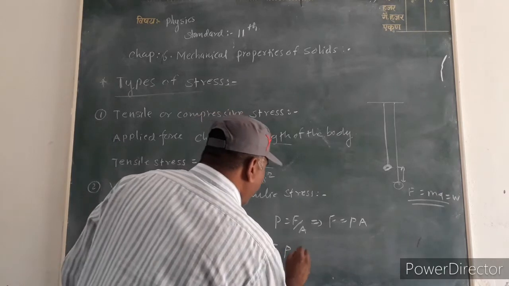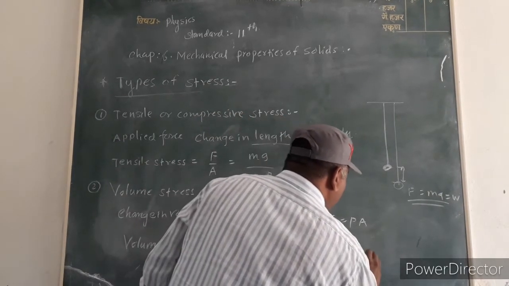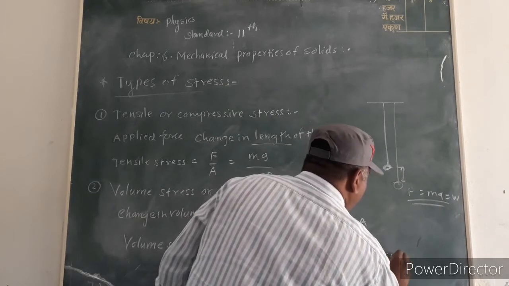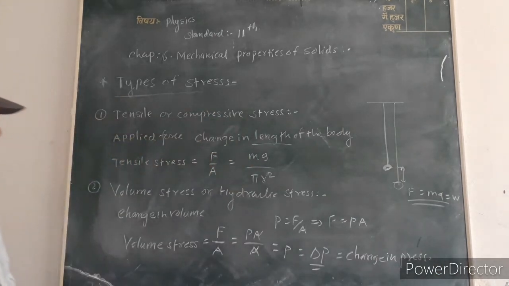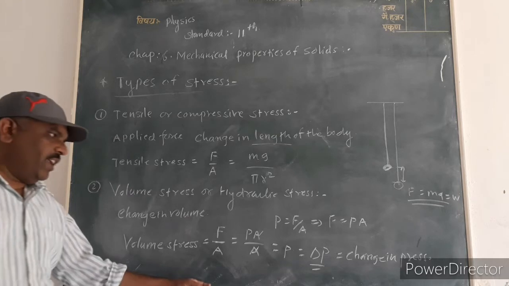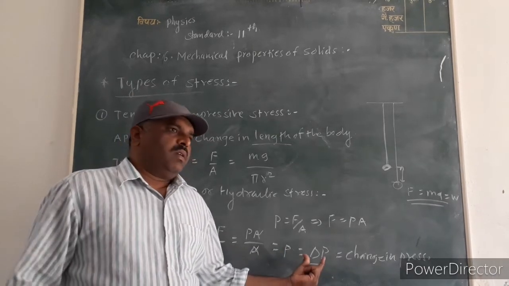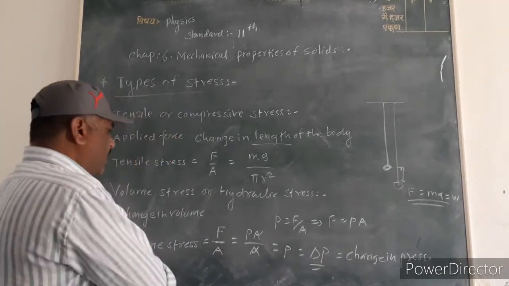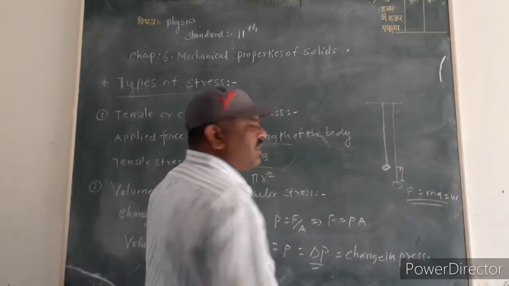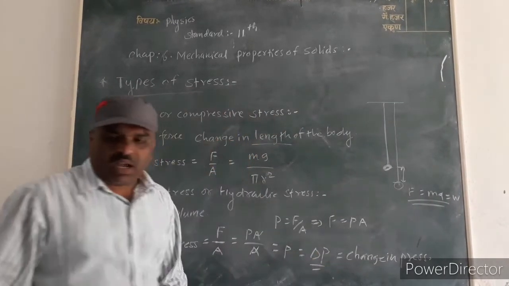Instead of P you can write delta P, and this is called change in pressure. The volume stress is nothing but force per unit area, and this is equal to pressure. If volume changes, the pressure also changes. Hence volume stress is given as change in pressure, delta P.